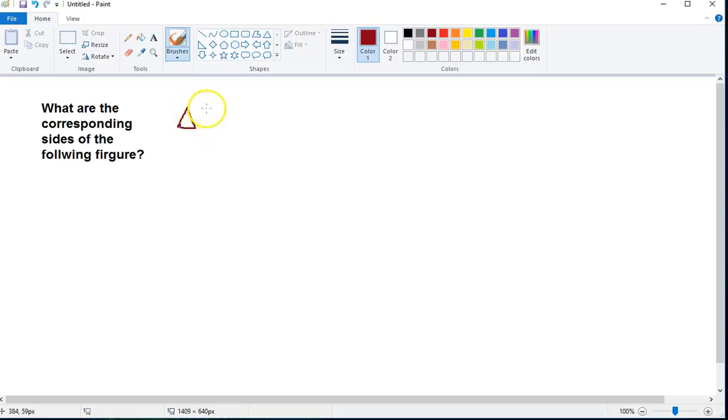So I have triangle WYS congruent to triangle MKV.